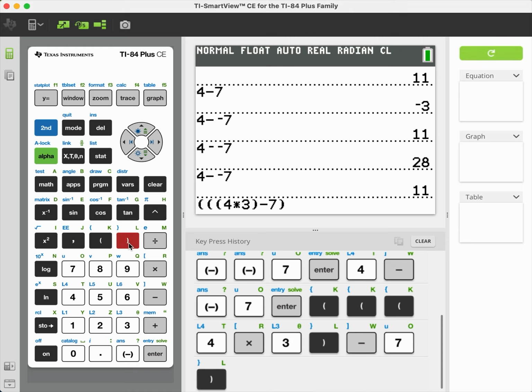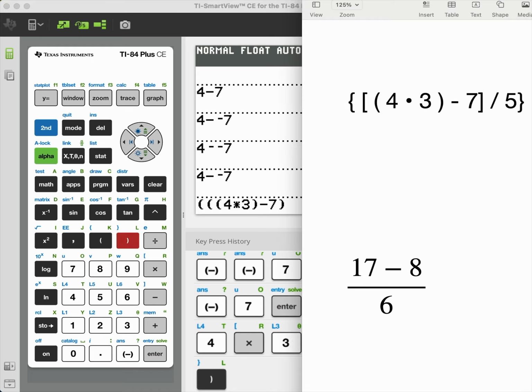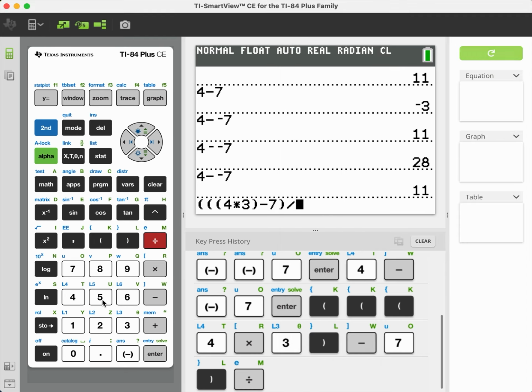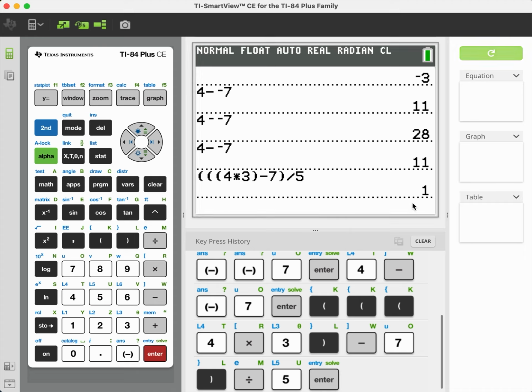Then divide by 5. And that comes out to be 1. Now, for every start parenthesis, you should have it matched up with an end parenthesis. I think I forgot one.